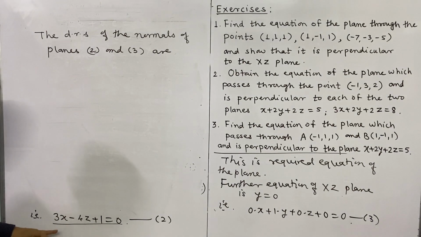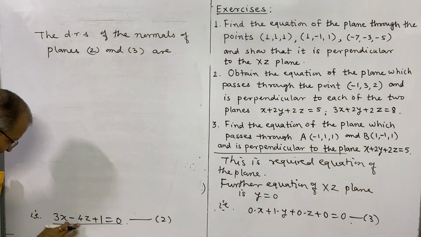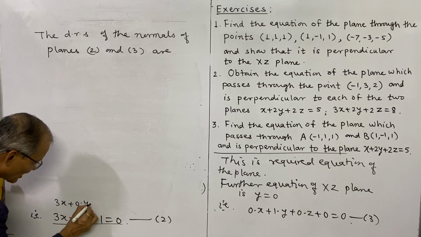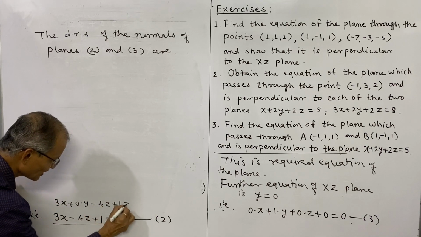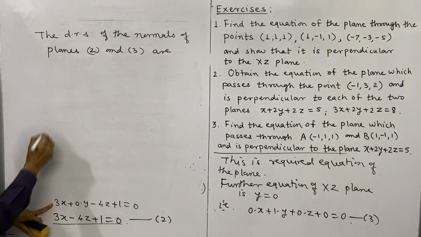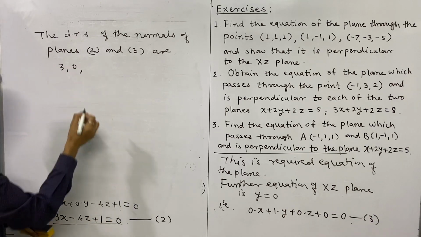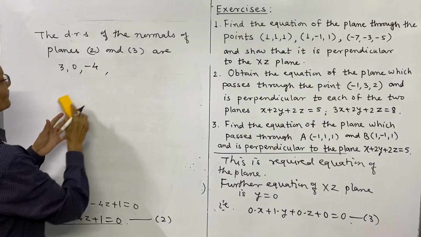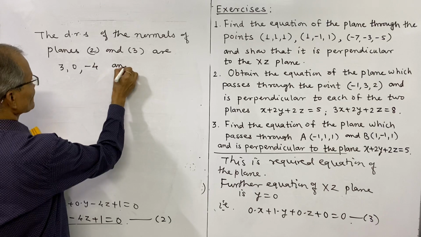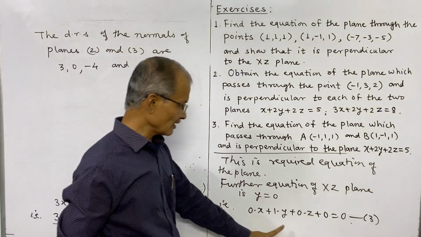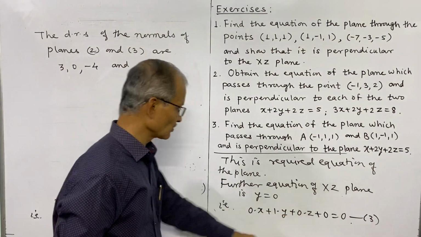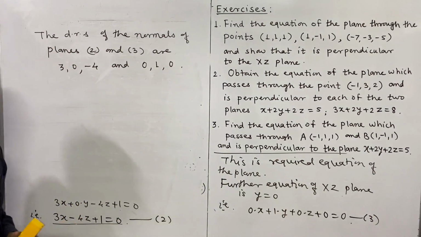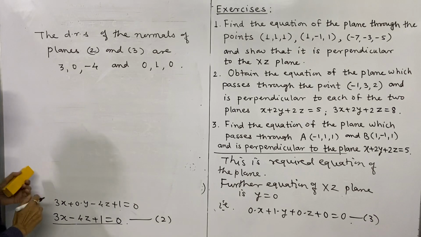Here y is absent, so that can be taken as 3x plus 0 into y minus 4 into z plus 1 is equal to 0. So the DRs of the normal are 3, 0 and minus 4. And what about this third plane? 0, 1, 0. Now we can see the perpendicular condition.